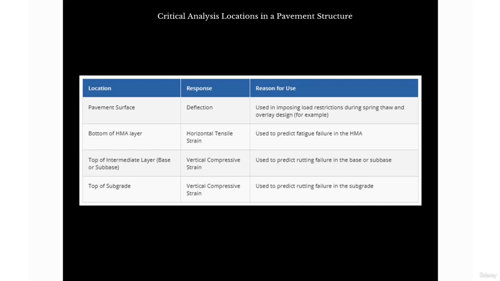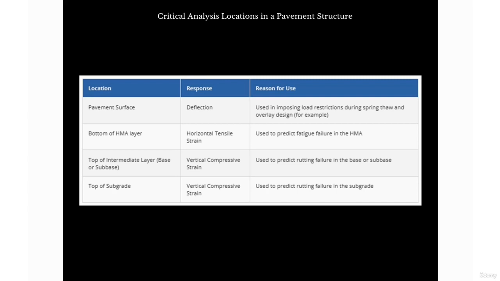So the critical analysis locations in the pavement structure are the pavement surface, the bottom of the hot mix asphalt layer, the top of the intermediate layer, the base or the subbase, and the top of the subgrade. Here we check deflection, there we check horizontal tensile strain, there we check vertical compressive strain, and there we also check vertical compressive strain.